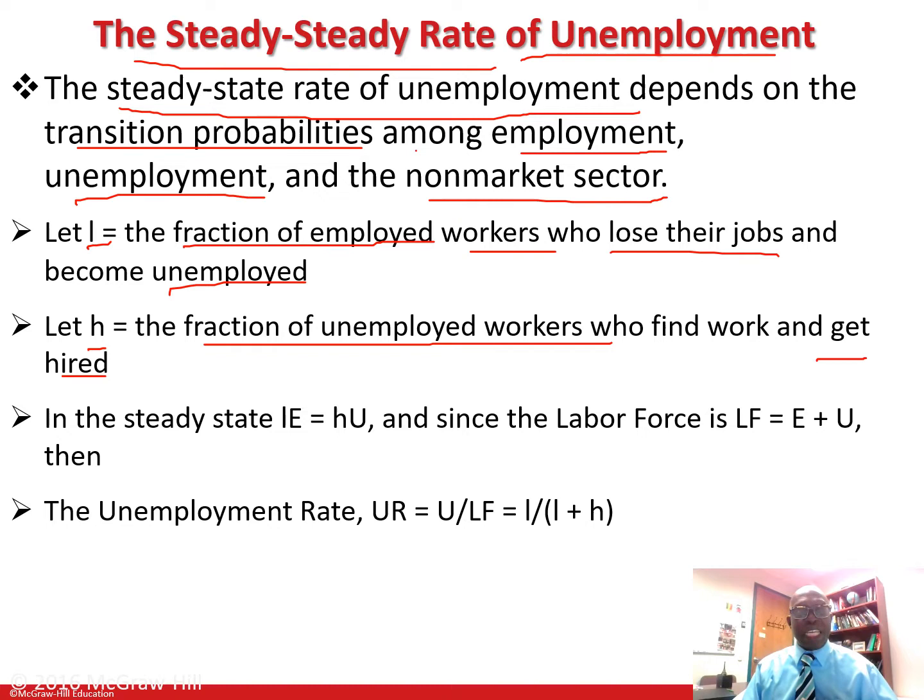In the steady state, I times E equals H times U. Since the labor force LF equals E, the number of people employed, plus U, the number of people unemployed, the unemployment rate UR equals U divided by the labor force, which equals I divided by I plus H.